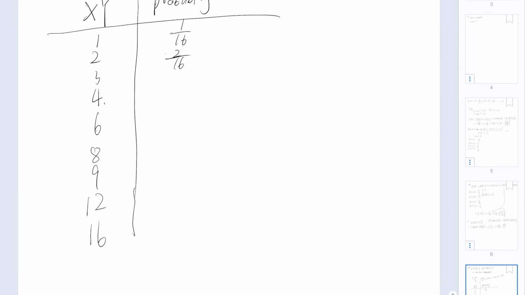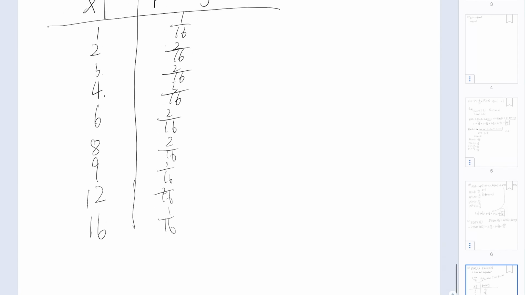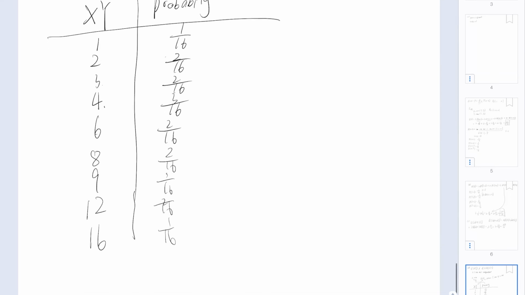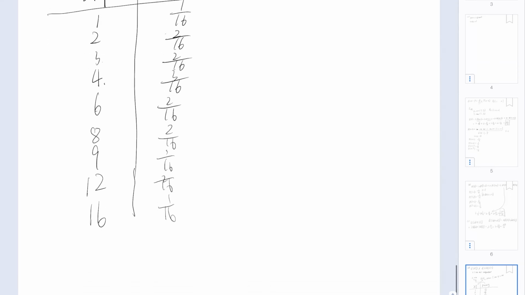And similarly, I think we have done this example last time, so I'm not going into details on how we get these probabilities. Each of the probabilities corresponds to the sum of the outcomes that come from the random variable x and y's multiplication result.